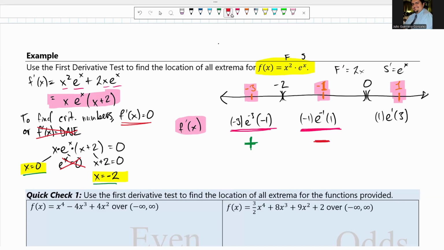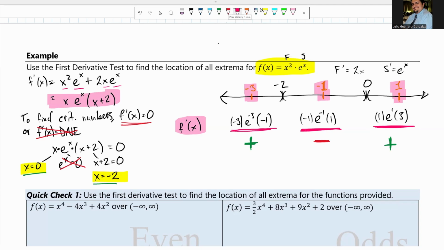And then the last one, I have e is positive, 3 is positive, 1 is positive, so this value right here is going to be positive, whatever it is. All right, we're getting somewhere.